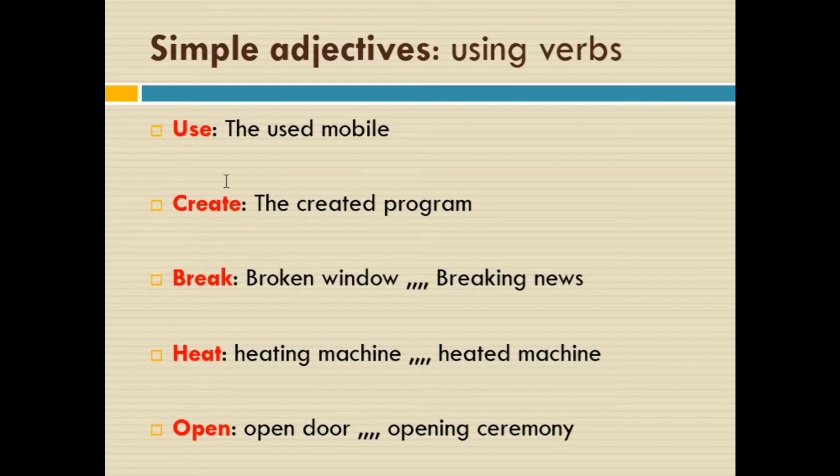You have already studied that from past simple and present continuous or present progressive. My aim here is that you either add ed to the verb or add ing to it. You make it progressive. Those types of adjectives have their own uses, okay?